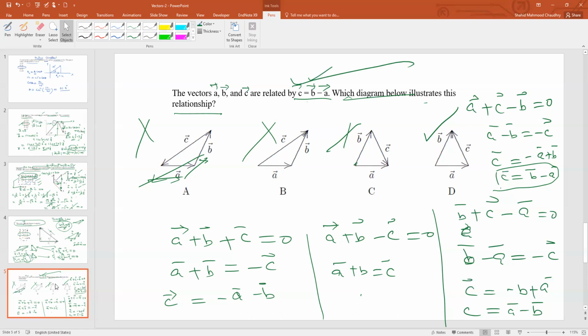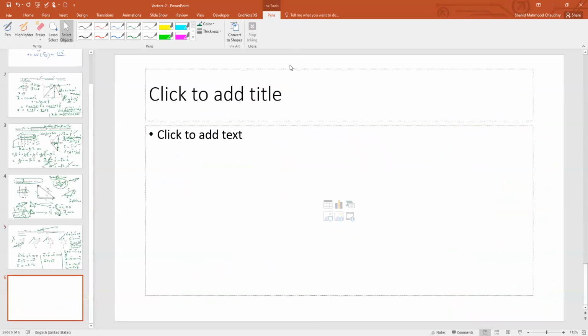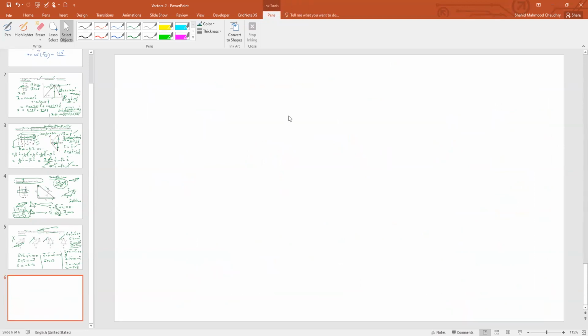Let's see another question. The same as this one. I solved this. Okay, let's see. The question is, it is giving one diagram. The diagram is what? I'm making the diagram. This is A vector, and this is B vector, and this is a C vector in this direction.